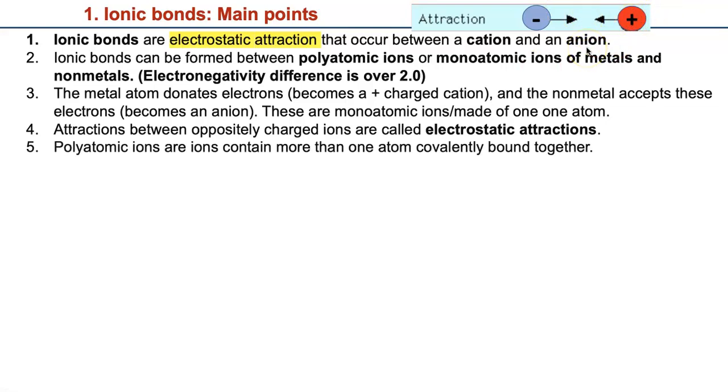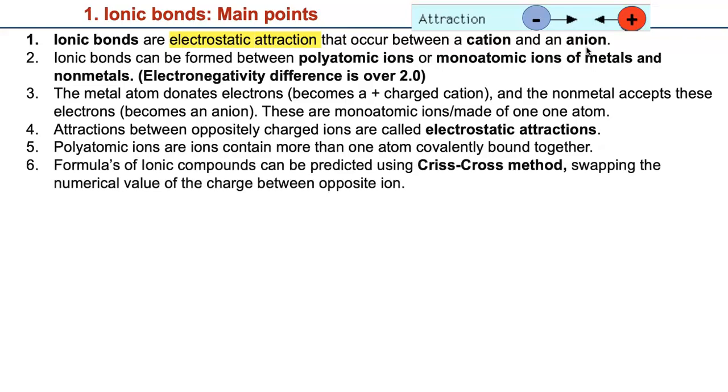Polyatomic ions are ions that contain more than one atom covalently bonded together, but they have a charge or an oxidation state just like cations and anions from monoatomic ions, like Cl minus, Br minus, O2 minus kind of ions.